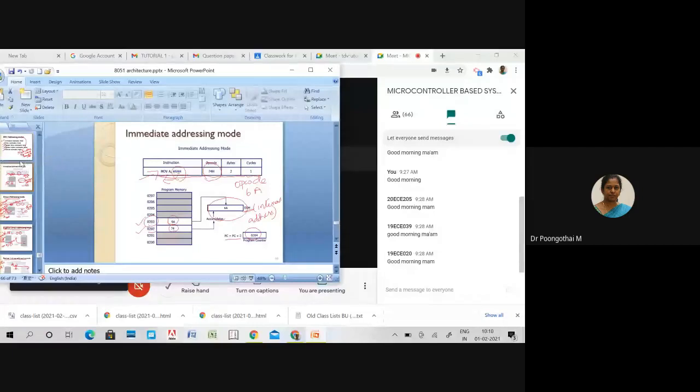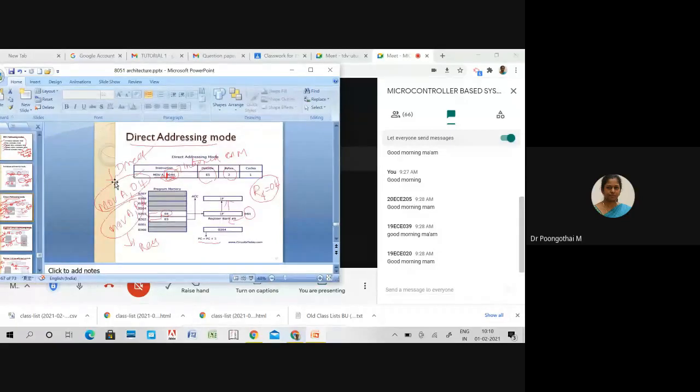And direct addressing mode, can anyone explain this? What is that 04? Is 04 address or data? Address, ma'am. Okay, explain that.